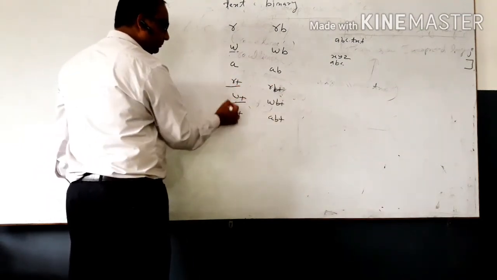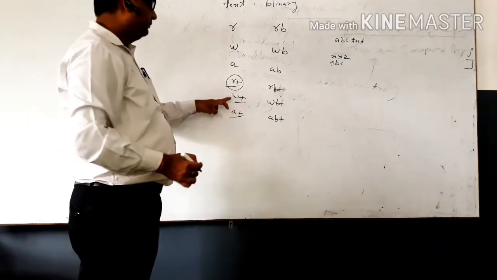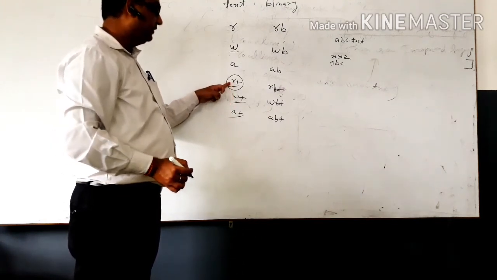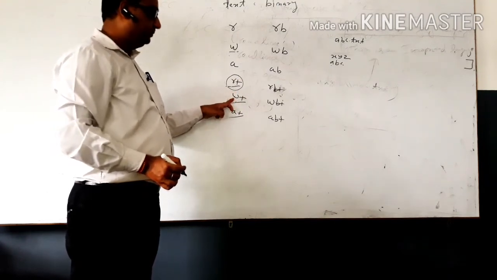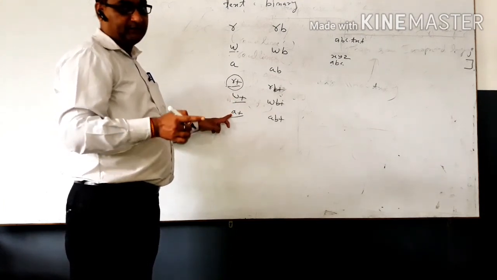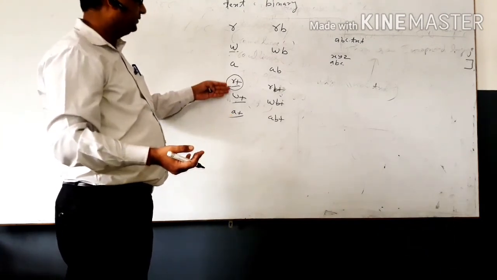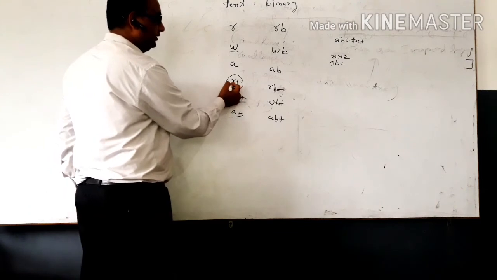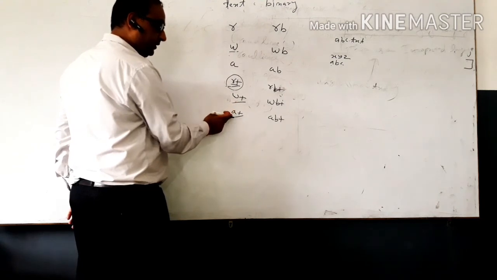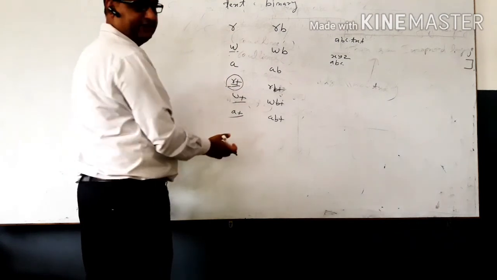So R plus, W plus: the plus sign means read mode plus. With R plus, it is the read mode, then write. When you use W plus, first write then read. When you use append mode, it appends the content, then writes, then reads that content. So when you use the plus sign, first it reads, then writes, then reads; append, then read. So that is the difference between these file access modes.